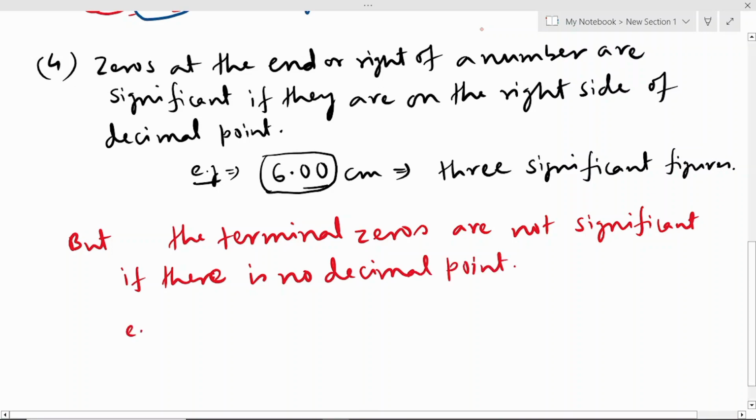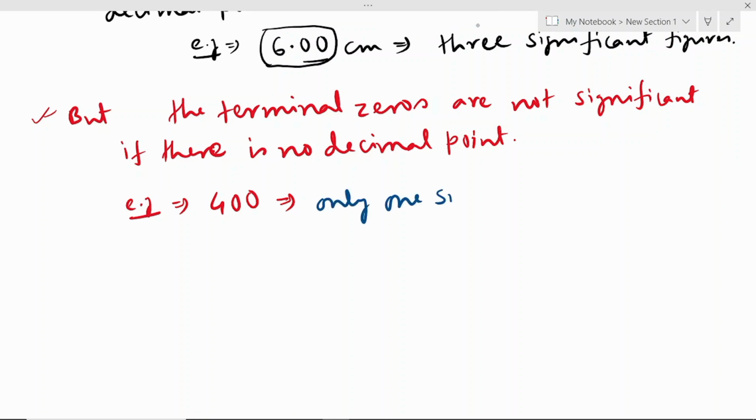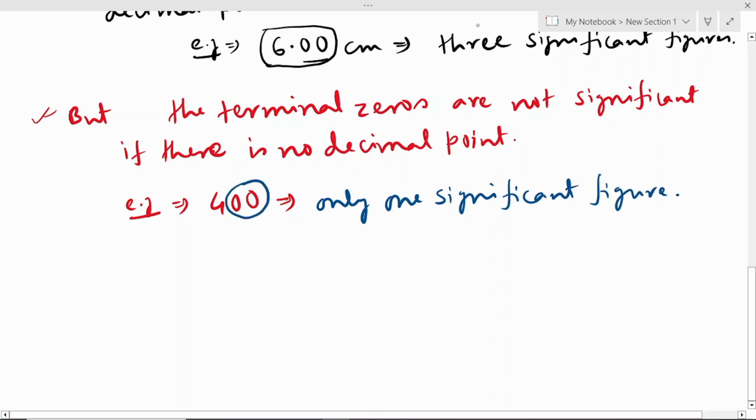For example, 400. How many significant figures are there? According to this rule, there is only one significant figure, as these two zeros are terminal zeros and there is no decimal point.